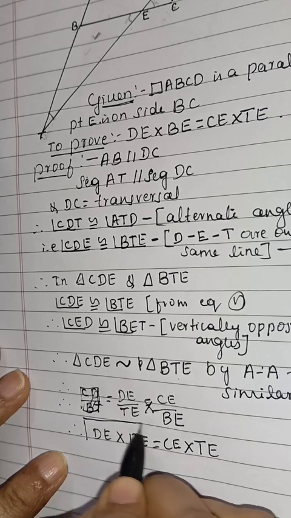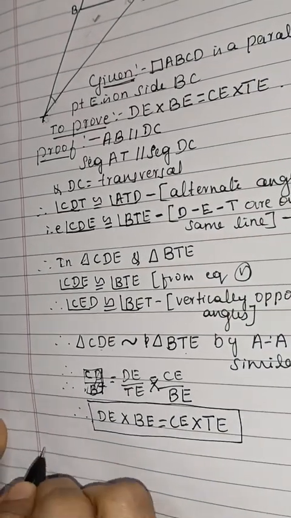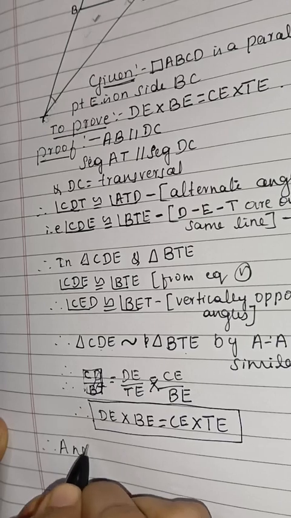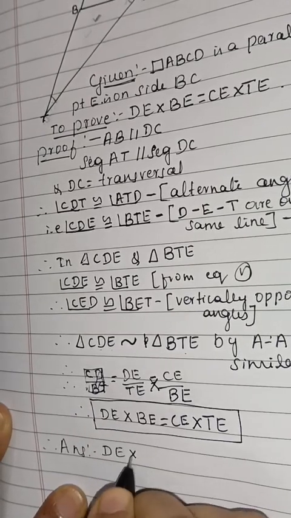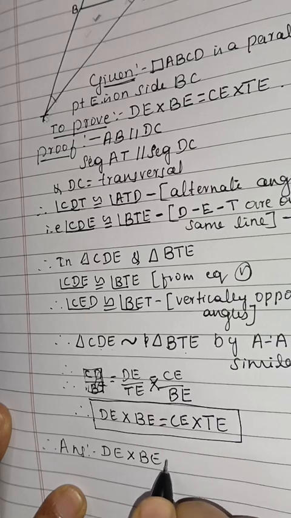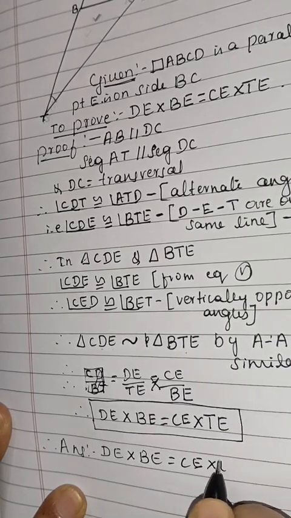Therefore answer is DE multiplied by BE equal to CE multiplied by TE.